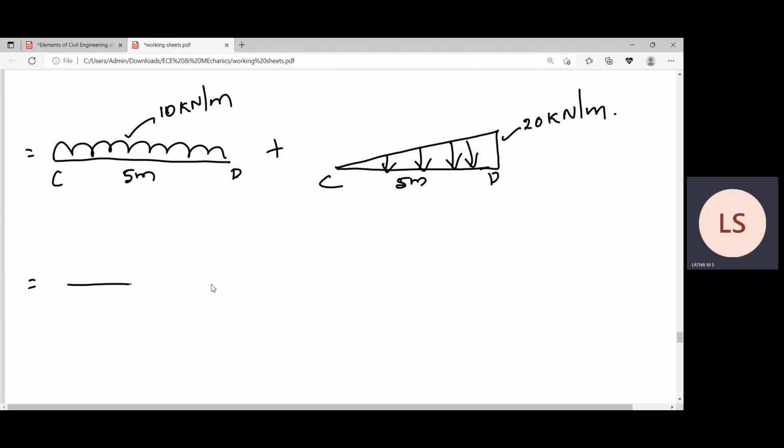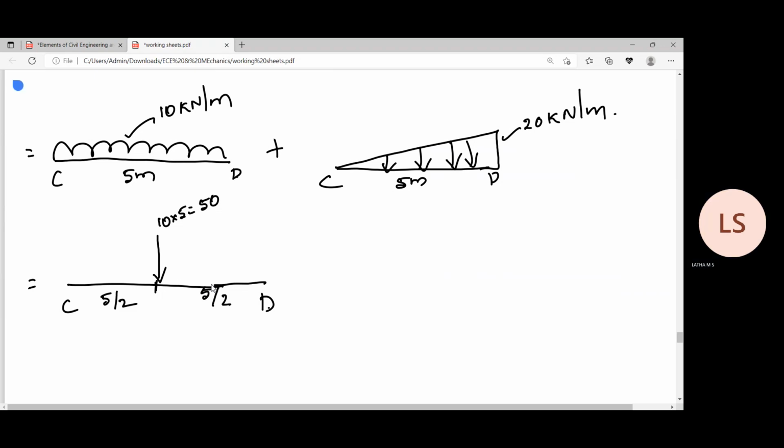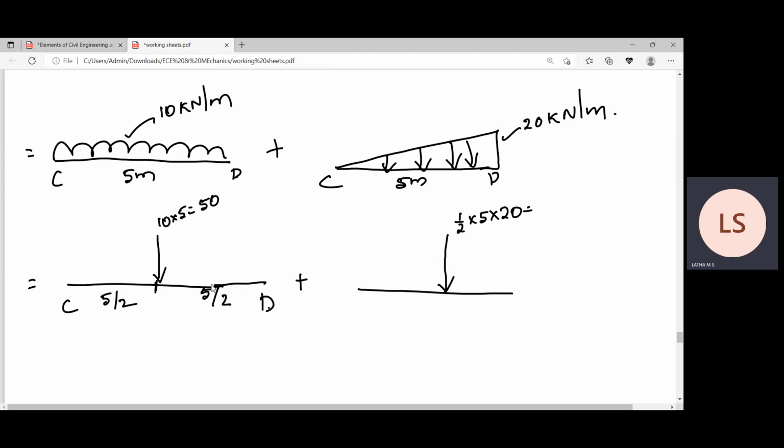Now convert this into point loads at C and D. The UDL gives 10 into 5, 50 kilonewton, acting at 5 by 2 and 5 by 2. The triangle is half into base into height, half into 5 into 20, which is again 50 kilonewton.